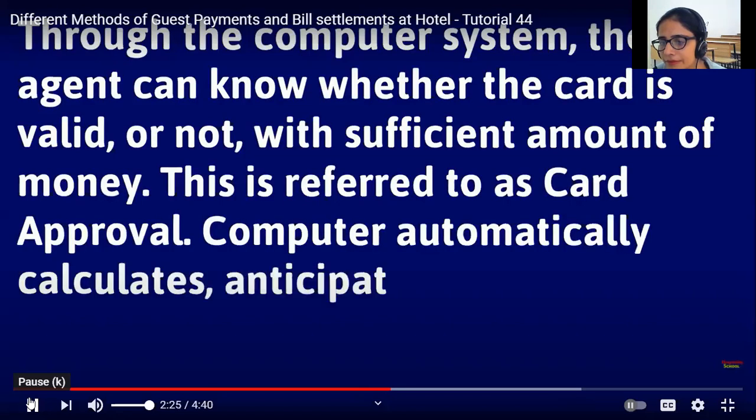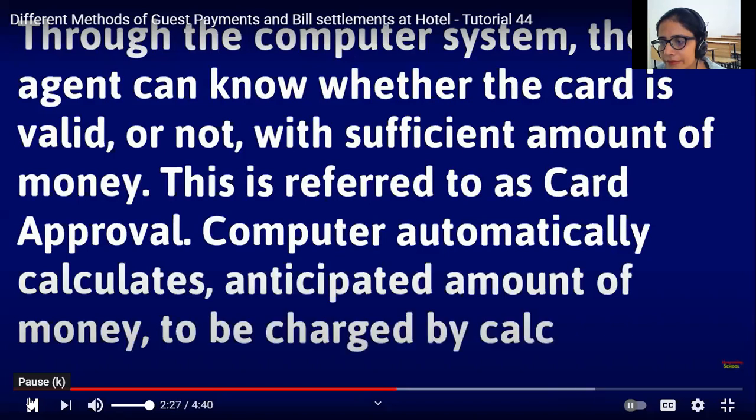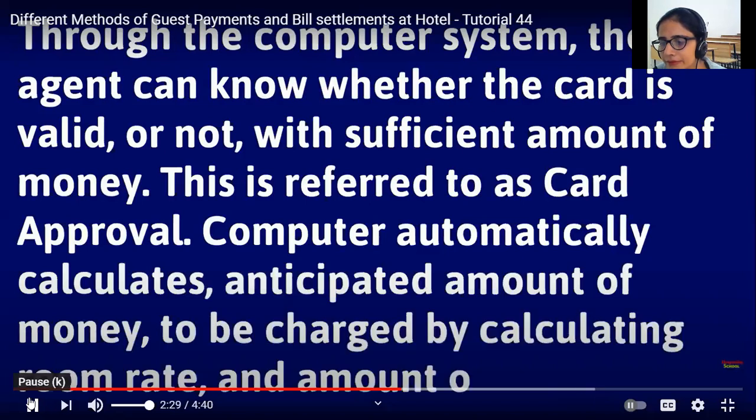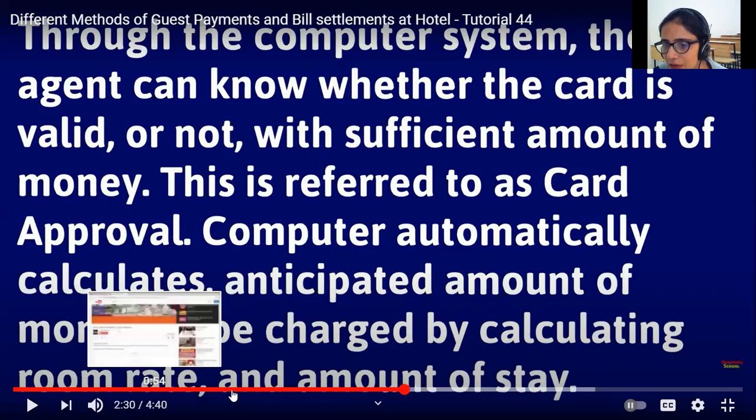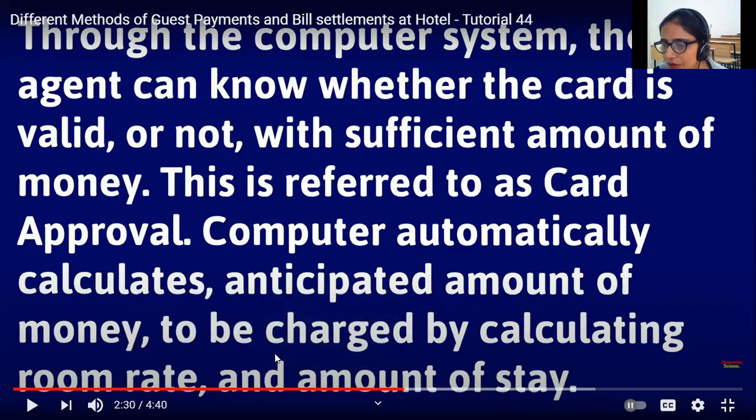The computer automatically calculates the anticipated amount of money to be charged by calculating the room rate and the length of stay.